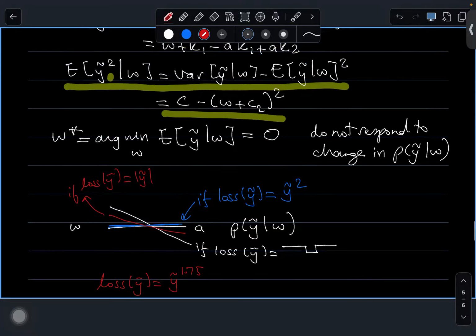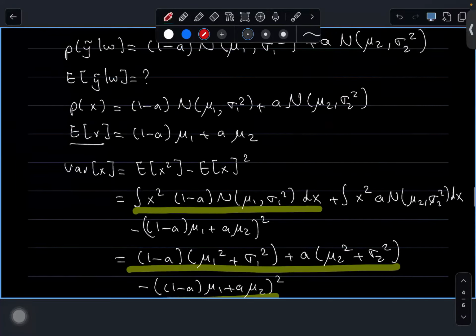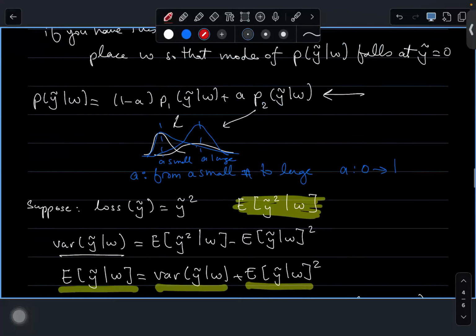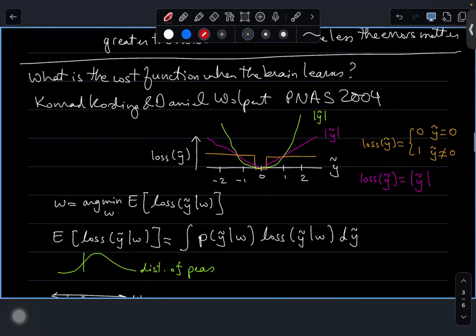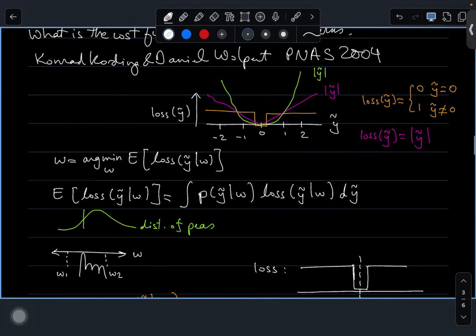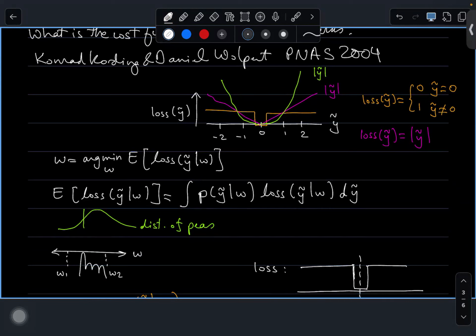Okay, let me summarize this experiment for you. So our problem was, how do we know what is the loss that people care about? And there's a way that one can go after it, by hypothesizing that what you're trying to optimize is the expected value of this loss function.